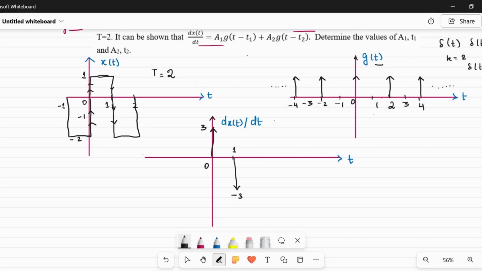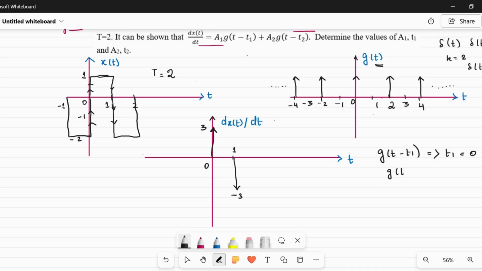Right, so g of t is this one. To get this at the origin, g of t minus t1 should be at the origin, which means t1 should be equal to 0.